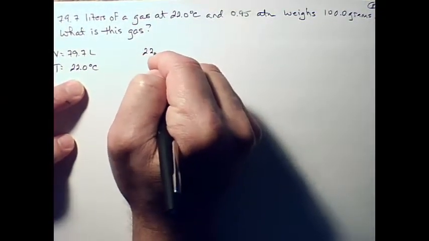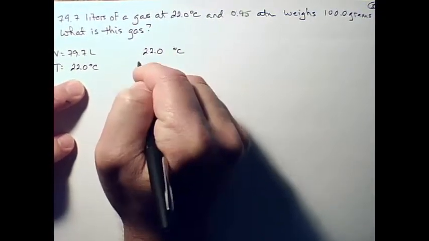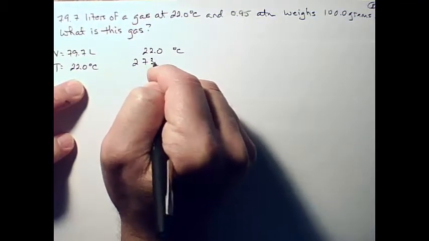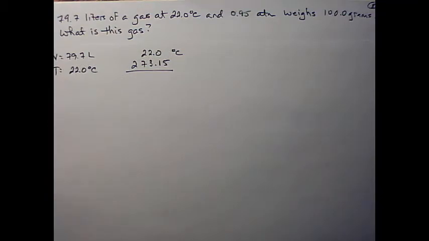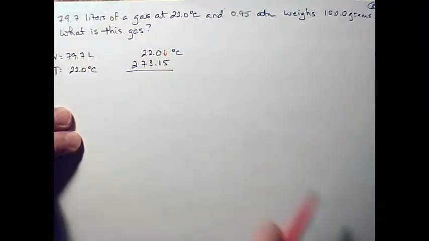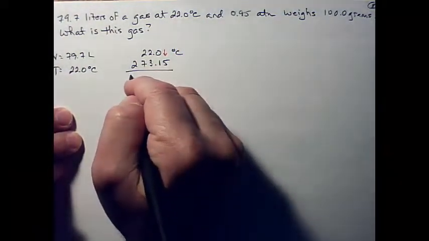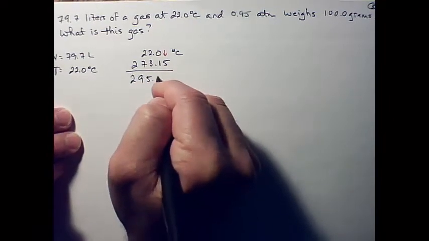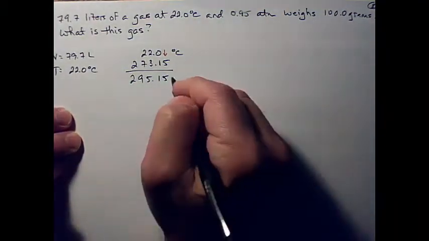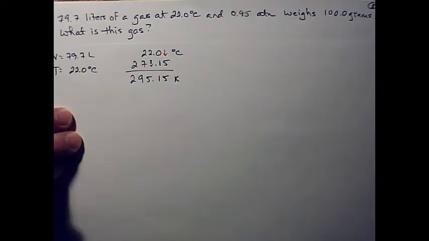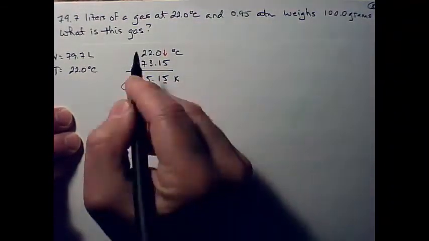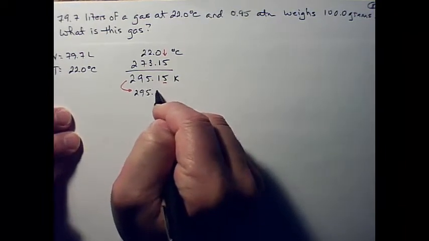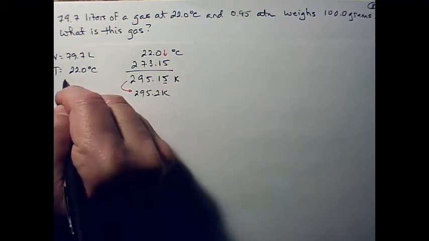So 22.0 degrees C plus 273.15. And we have an empty slot on the right over here, so we know we have to round off a digit when we're done. So 295.15, and that is Kelvin. Going to round off this last digit over here, and we get 295.2 K.